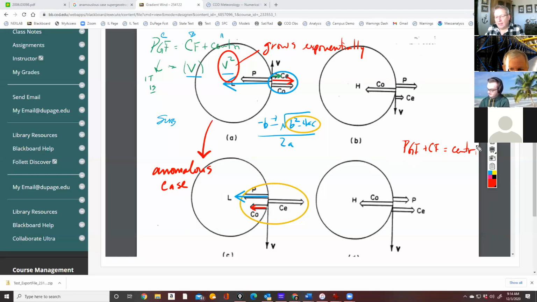That's this anomalous case. Okay? In that scenario, we really ought to think about this in terms of linear versus exponential growth. So there's a graph.